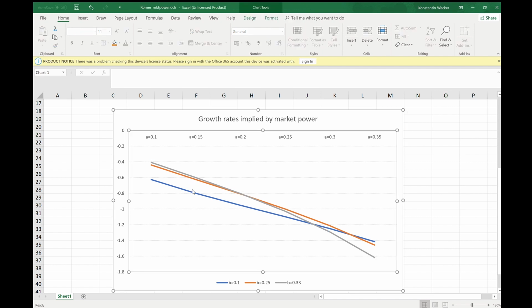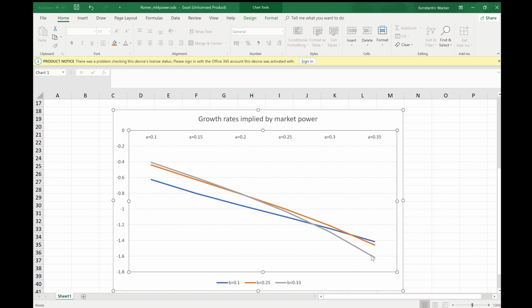Okay, what do we see? More market power will here increase the growth rate. Whereas if we do the same trick and start with the blue line here at an alpha of 0.35 and move to more market power to the gray line, for example, we see that growth would decelerate.